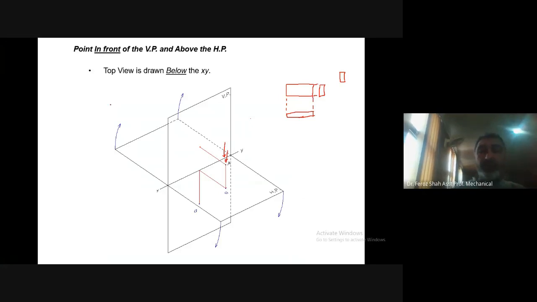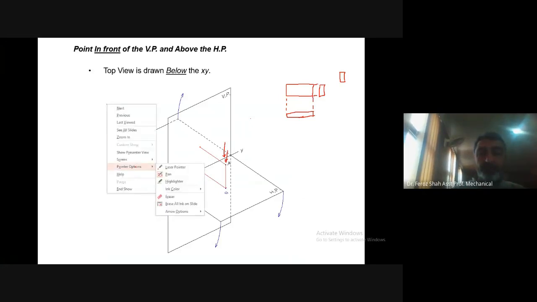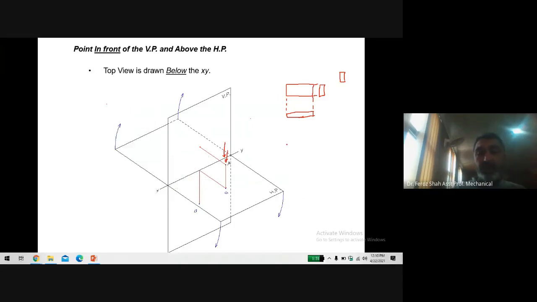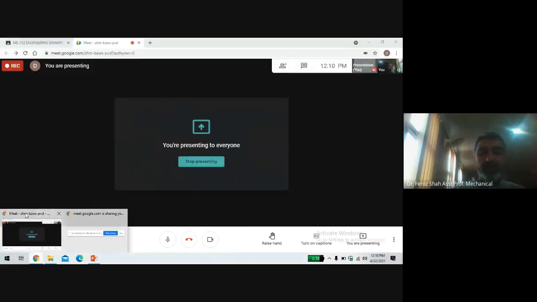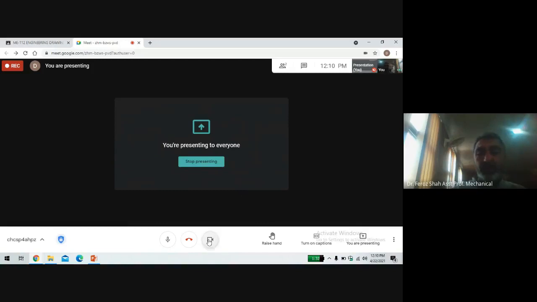So this is why we align or rotate the horizontal plane in order to align the front view with the top view, and also the front view with the side view.